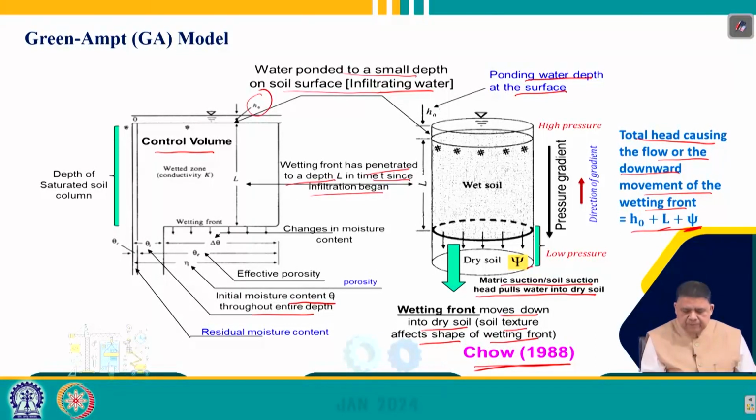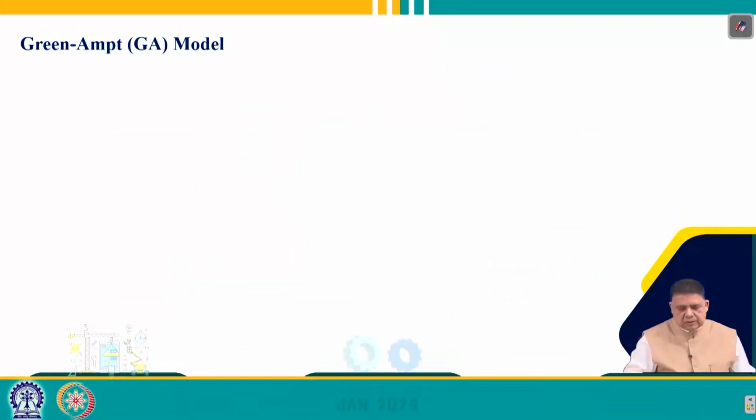So, we may say that change in the moisture content for the entire profile is delta theta, and here the porosity of the soil is eta and effective porosity is theta E, and there is a residual moisture content in the soil. So, there is a residual moisture content, there is an initial moisture content, this is the change in moisture content, this is the effective porosity, and this is the porosity of the soil. So, because of the wetting front, the moisture content of the soil is changing and it is increasing by magnitude delta theta throughout. That is what this entire control volume shows to us.